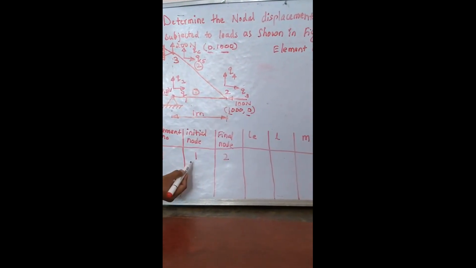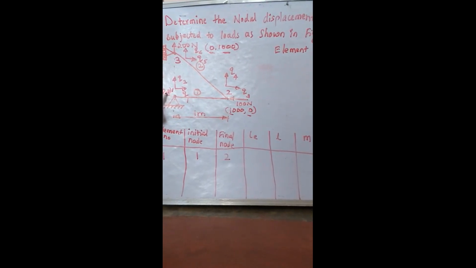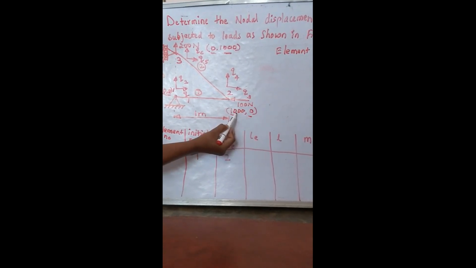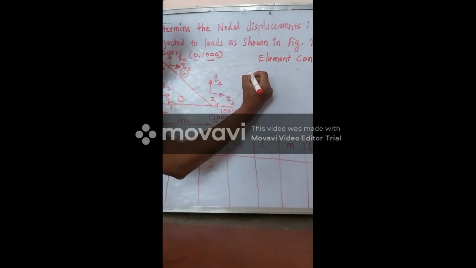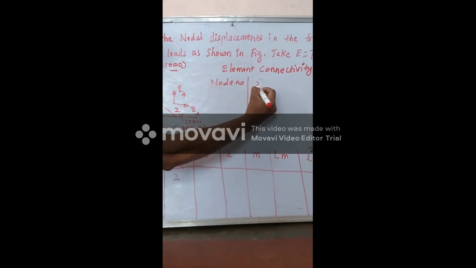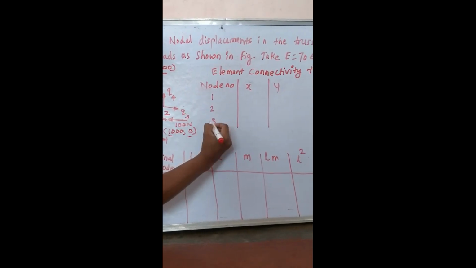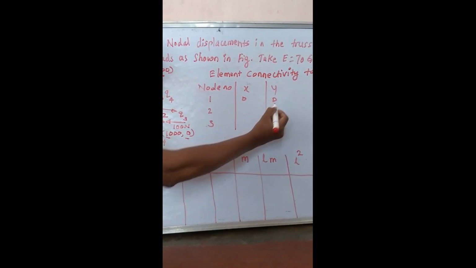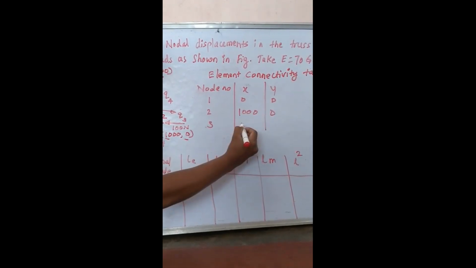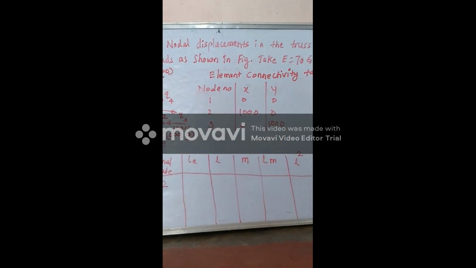And node 1 coordinates are 0, 0. Similarly, the coordinates for node 2 are 1000, 0, as we have written in the nodal data. Node number 1, 2, 3: x coordinate was 0, y coordinate was 0; node number 2, x coordinate was 1000, y coordinate was 0; node number 3, x coordinate is 0, y coordinate was 1000 mm.